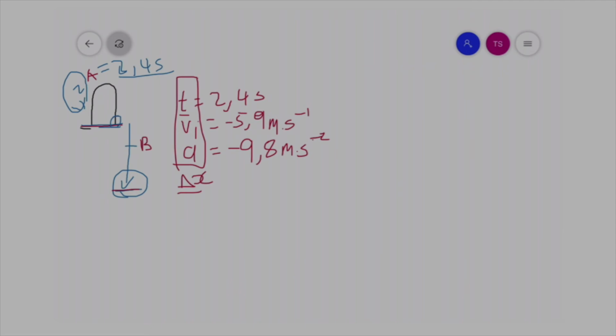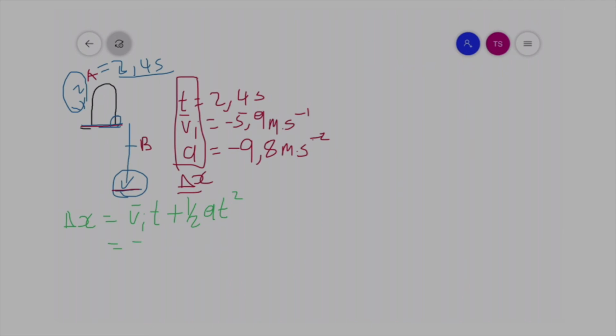Now which equation are we going to choose from here? Let's go with change in x equals v initial times t plus half a t squared, right? What's my v initial?